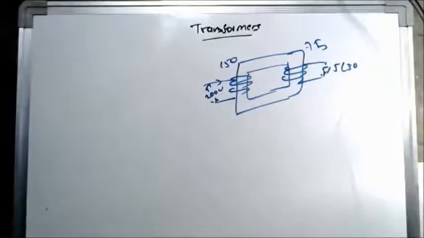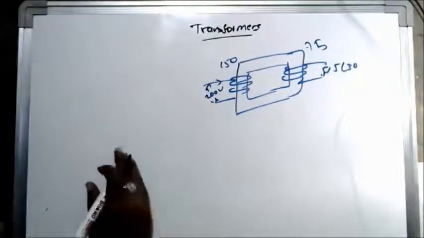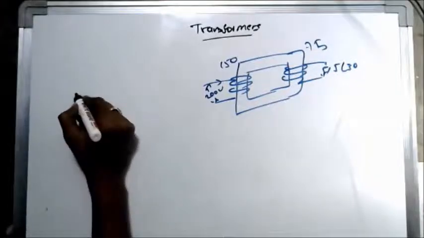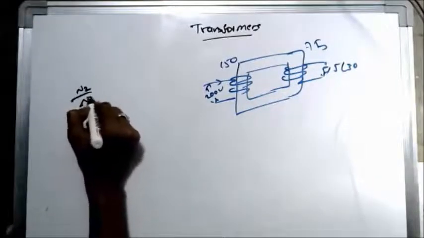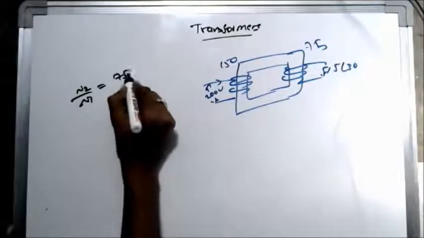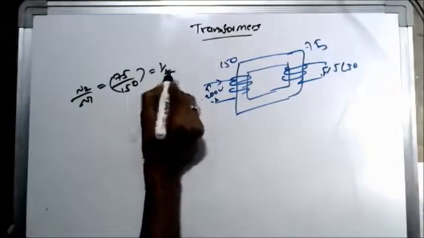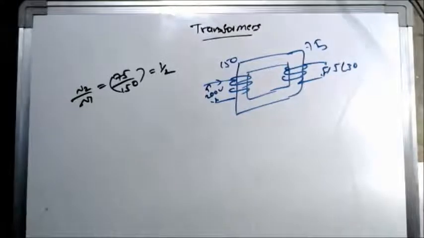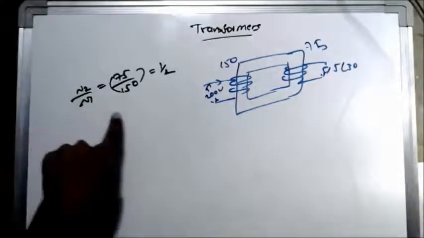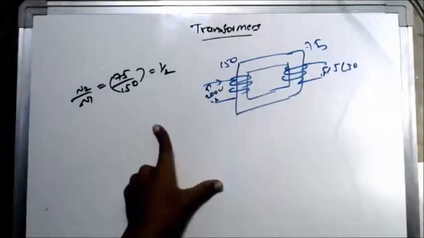First take N2 by N1. N2 by N1 is equal to 75 by 150, that is 1 by 2. The secondary impedance can be transformed to the primary impedance.